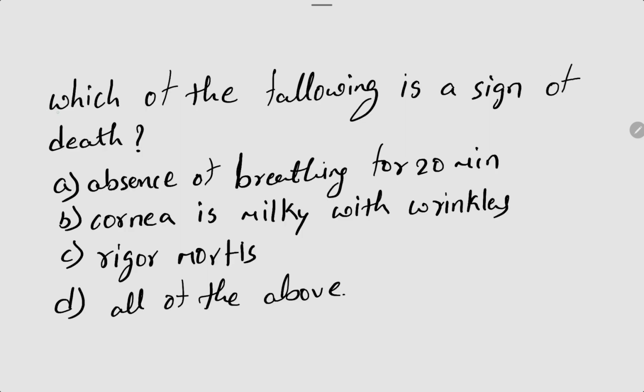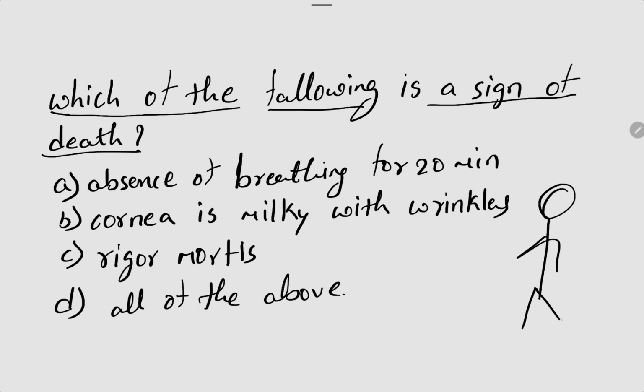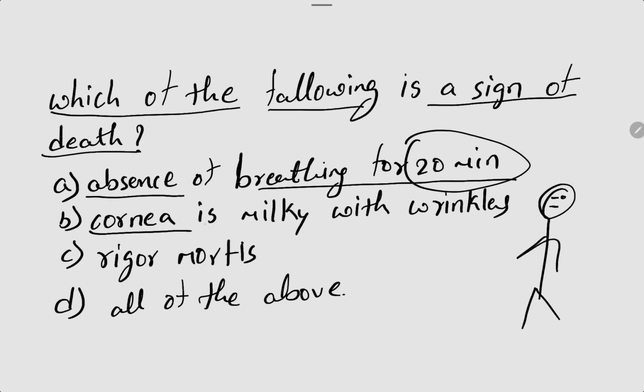The next question is, which of the following is a sign of death? Which signs can we observe on the person to tell whether the person is alive or dead? Options are absence of breathing for 20 minutes, cornea is milky with wrinkles, complete dilation of the pupil, and rigor mortis, which is stiffness of the body, or all of the above.